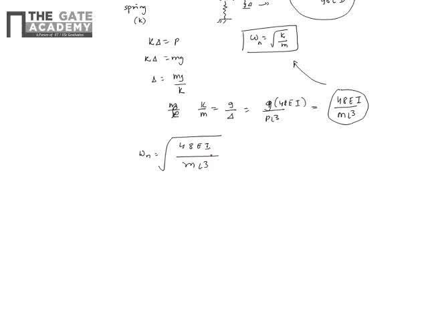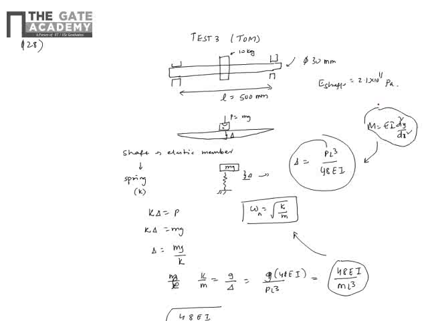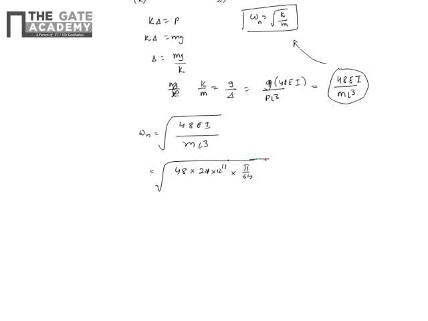Now let's substitute these parameters and get a reasonable value. E is the Young's modulus, given as 2.1 into 10 power 11. I is the area moment of inertia of the cross section. For a shaft it will be pi by 64 d power 4, and the diameter is given as 0.03, whole power 4.